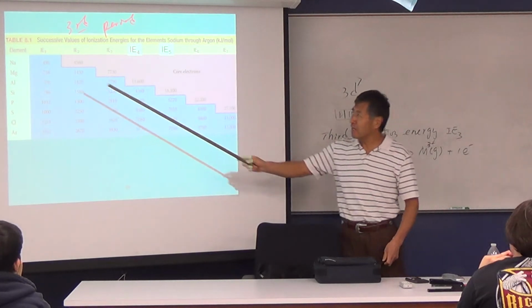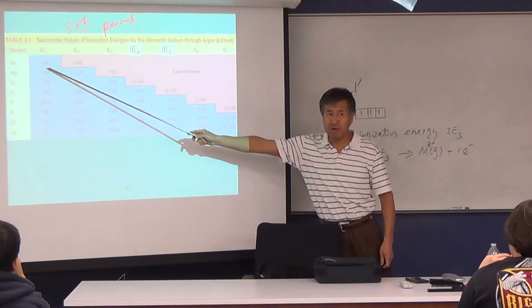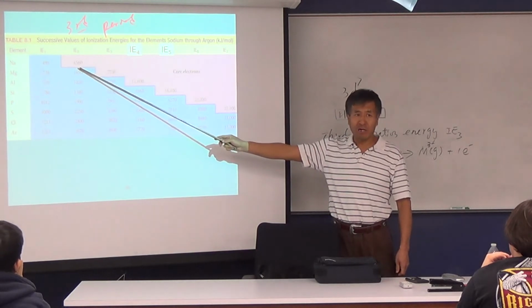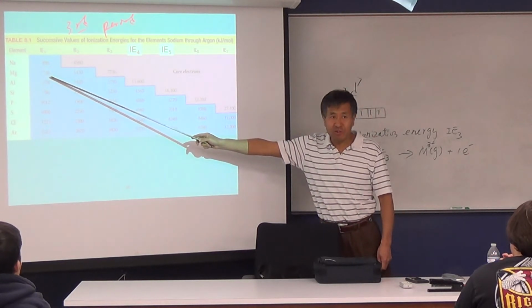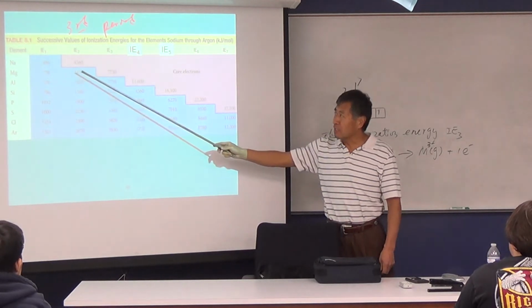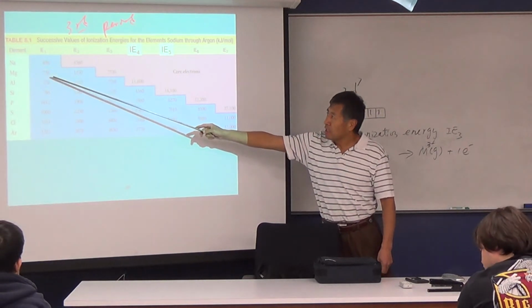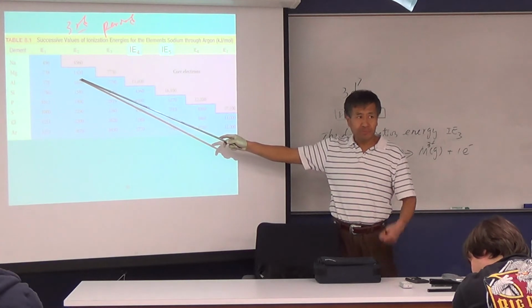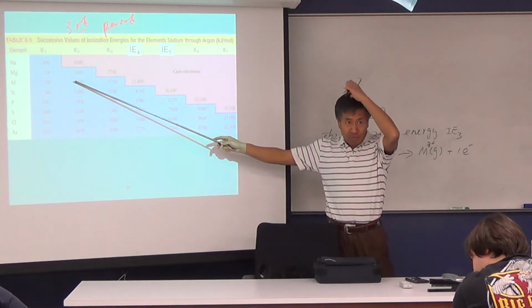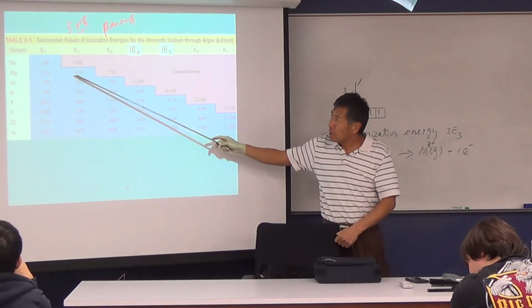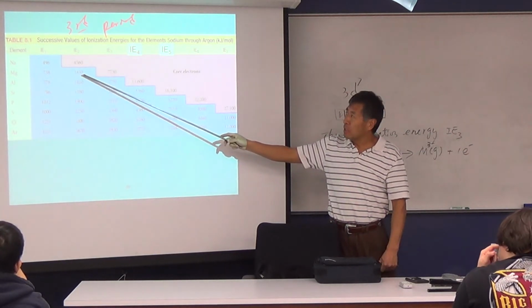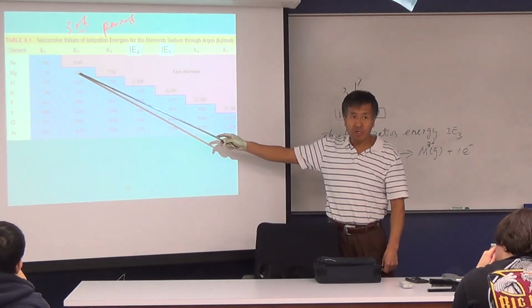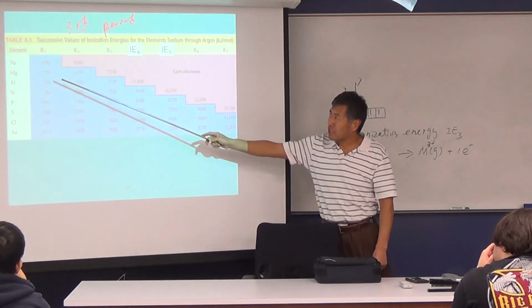We see that for Na, the first one is a very small number, the second one becomes much higher, about 9 times higher. The first one for Mg is a little lower, and the second is higher than that. Mg's second obviously becomes harder than the first one.